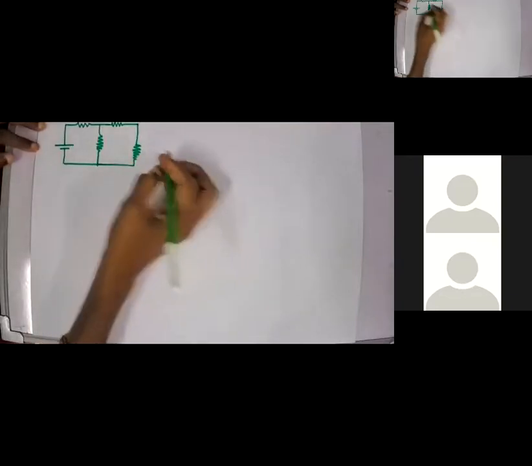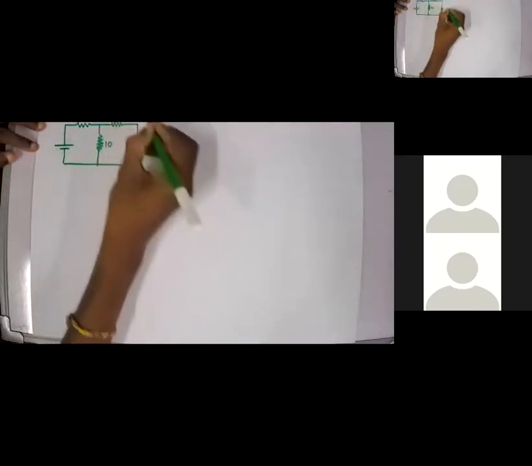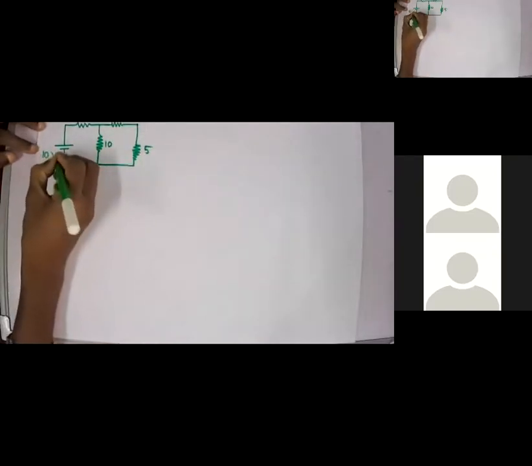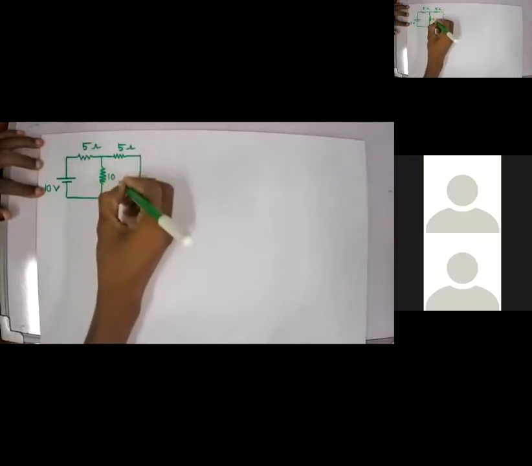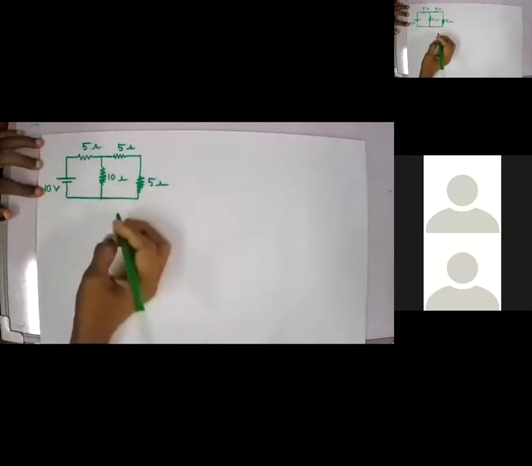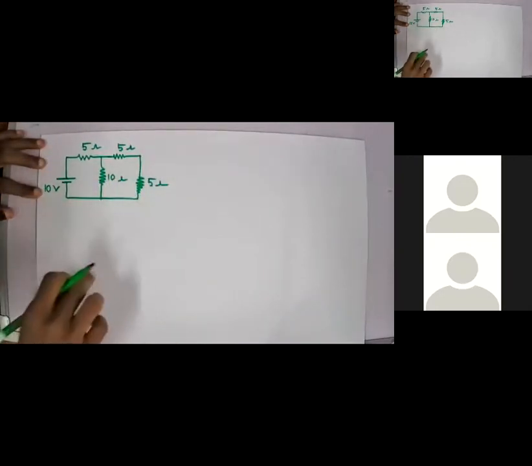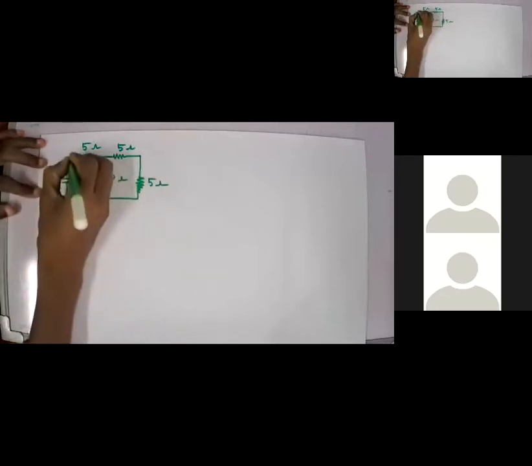Let this be 5 ohm, 10 ohm, 5 ohm, 5 ohm, and 10 volts. Right. So now the question is, you need to calculate the current through each branch, each resistance, right?